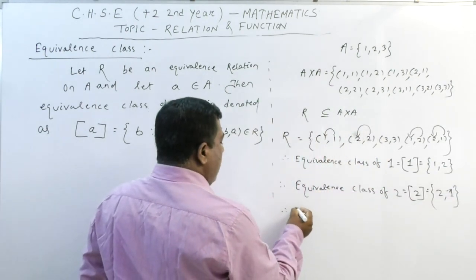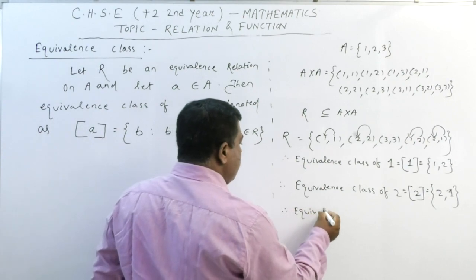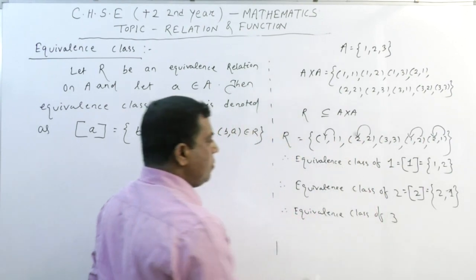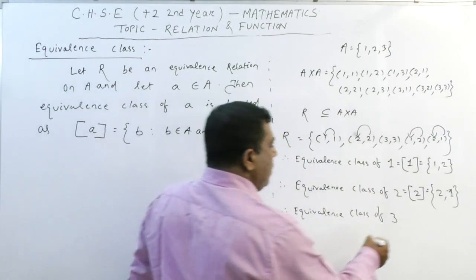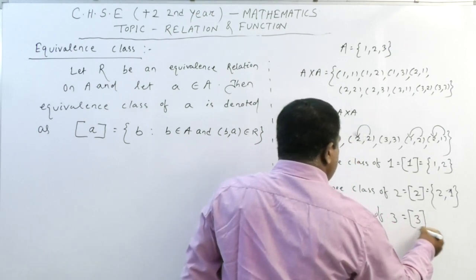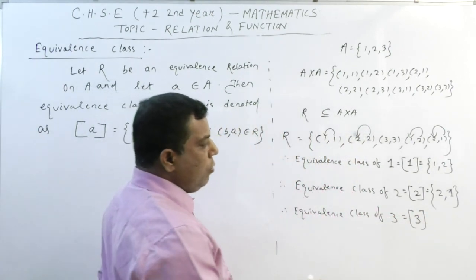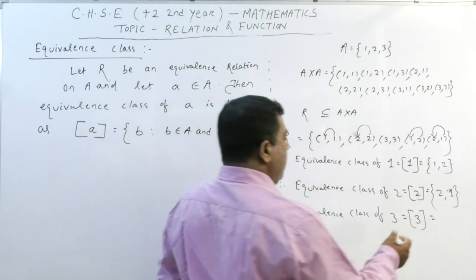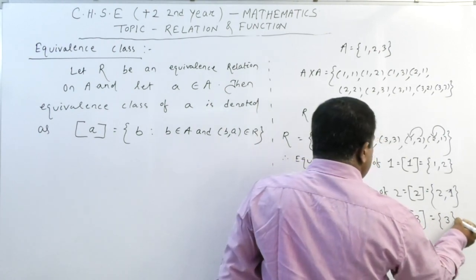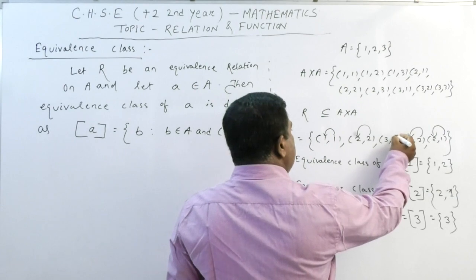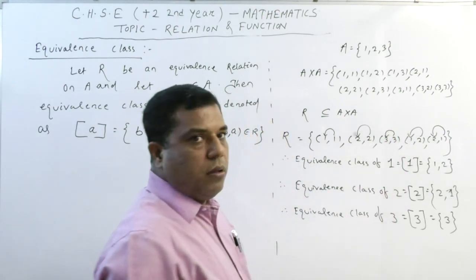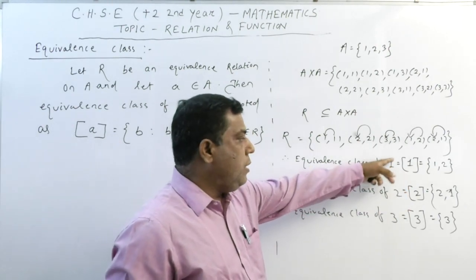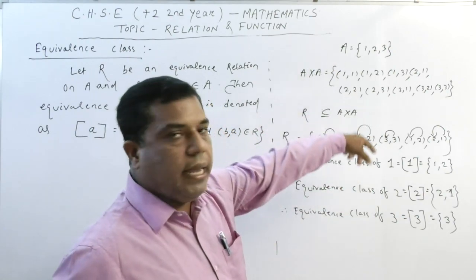Now what is the equivalence class of 3? The equivalence class of 3 is represented in the form of a square bracket, and it contains those elements that are related to 3. So here you see only 3 is related to 3. Okay, so those are the ways to get the equivalence class of the different elements present in set A.